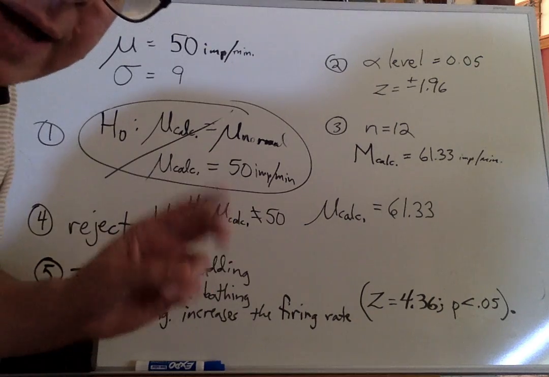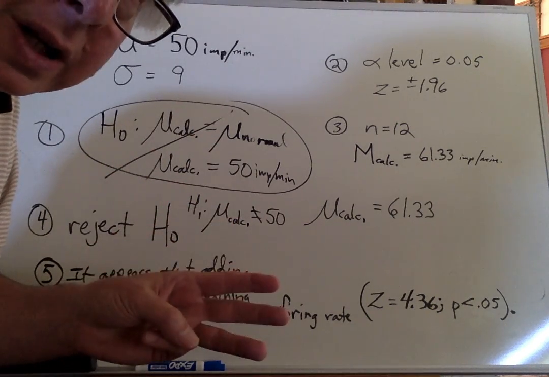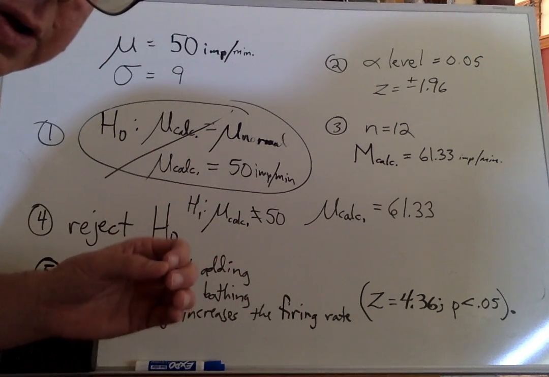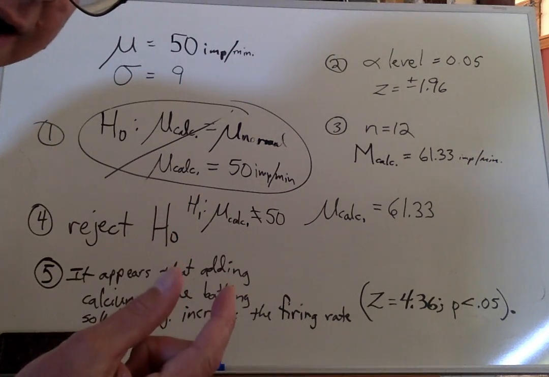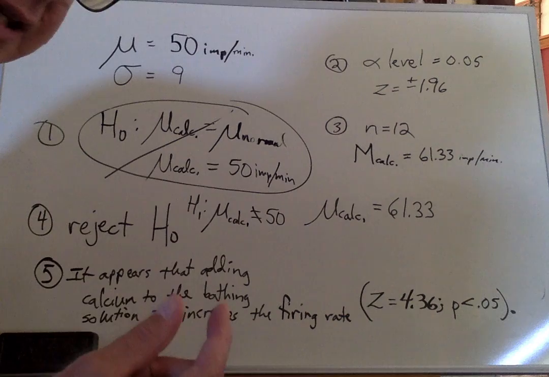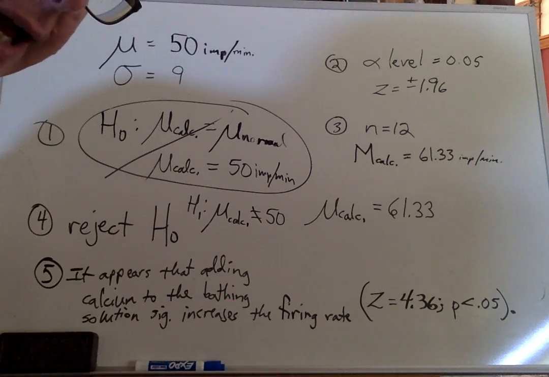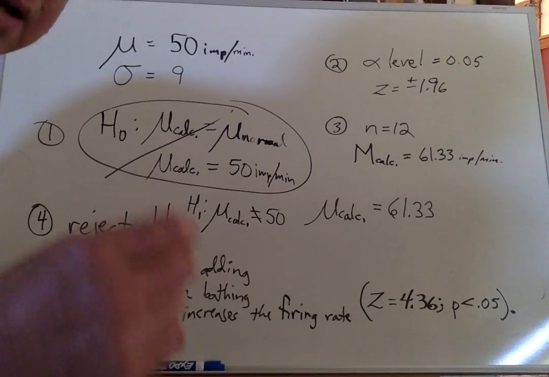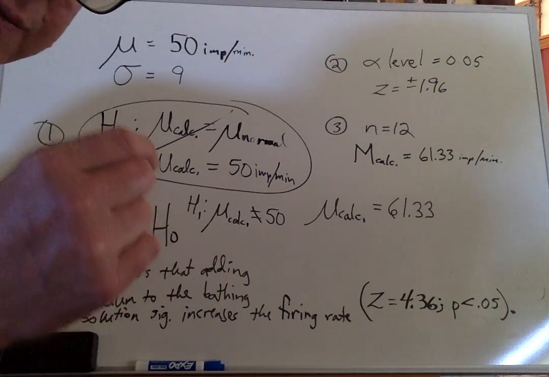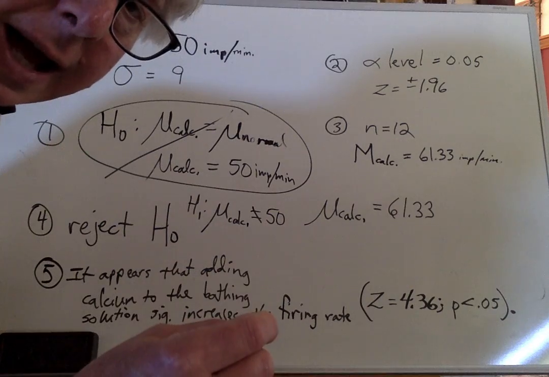Now we need to think back 2 or 3 videos ago. Remember when we put our hand in the bag and we picked out that single block? Our guess for the population that's in that bag was the value of that single block. But the rationale was not just because it was the only thing that we had.